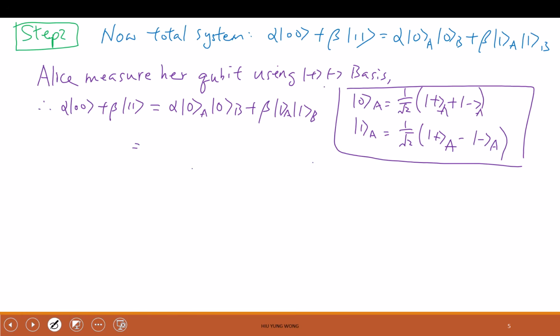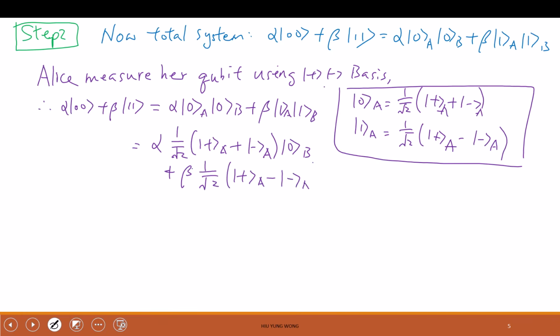So 0_A 0_B becomes 1 over square root 2 times (plus_A plus minus_A), and then the whole thing 0_B. And then the second part, beta, again 1 over square root 2 times (plus_A minus minus_A), and then the whole thing 1_B.